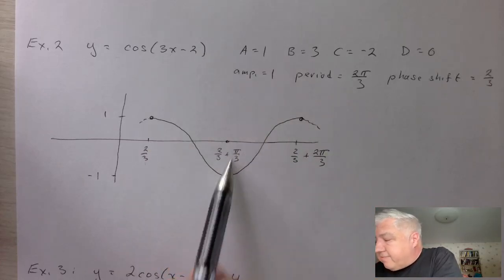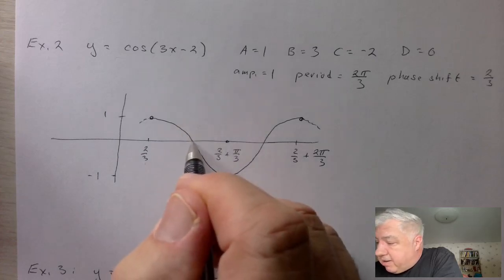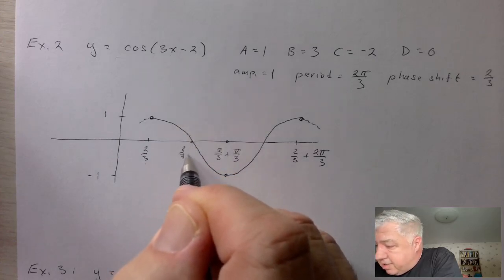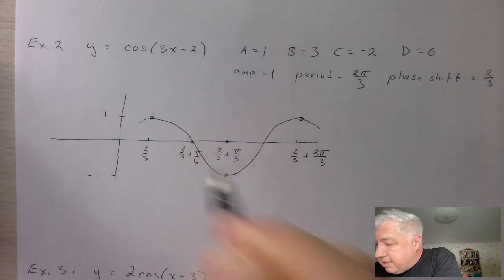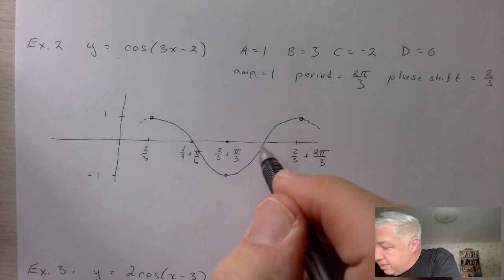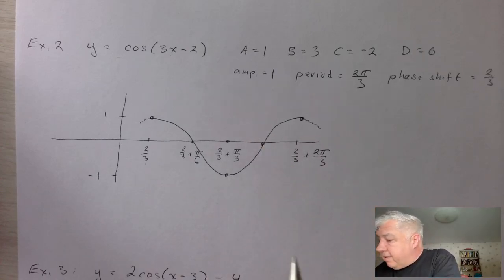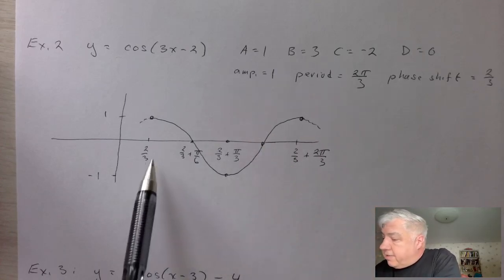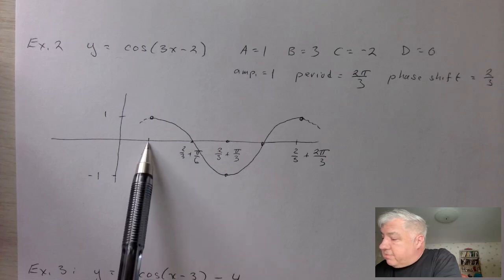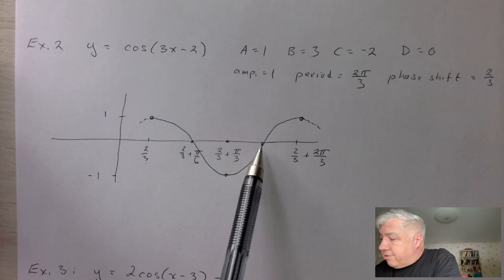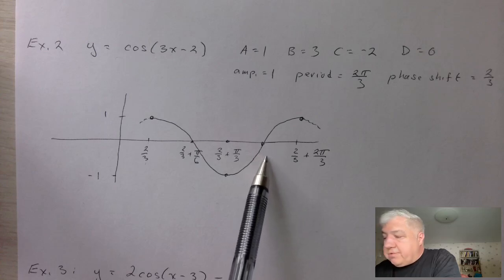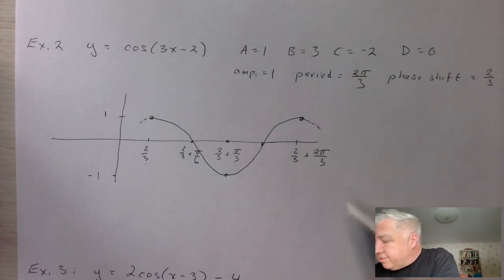So that would be half of pi over 3, which is pi over 6. So this would be 2/3 plus pi over 6. That would be one of the intercepts. And then from here to here is 3 times this distance. So this would be 2/3 plus 3 pi over 6, or 2/3 plus pi over 2.